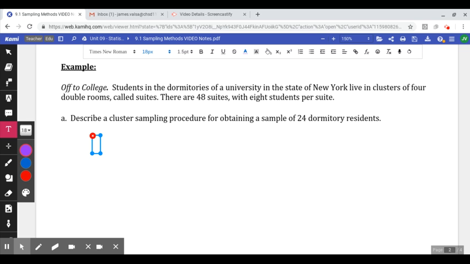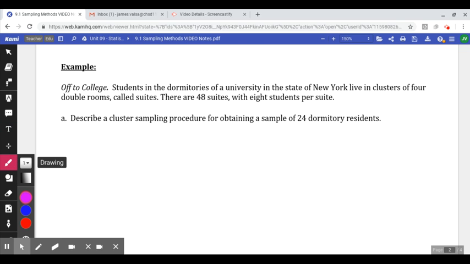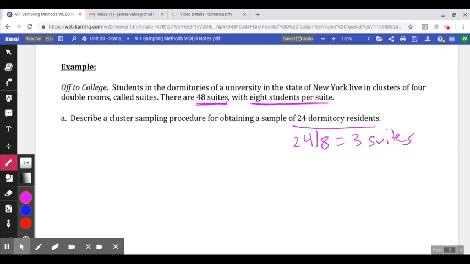We have to obtain a sample of 24 dormitory residents. And conveniently, we have 48 suites, which are groups of students, and there are 8 students per suite. So if we take 24 and divide it by 8, that's 3 suites that we're going to need to sample out of these 48.